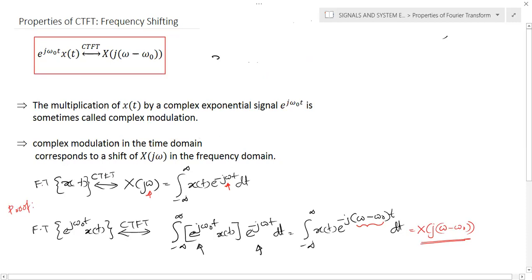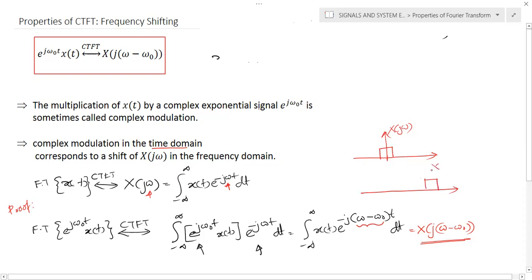In other words, we can say that complex modulation in the time domain corresponds to a shift of x of j omega in the frequency domain. So if there is a signal whose transform is x of j omega, something like this, and you multiply the signal with e raised to j omega 0 t in the time domain, in the frequency domain you will get a new signal, which is a shifted version of the original transform.